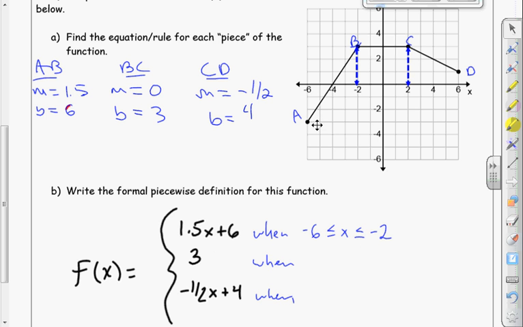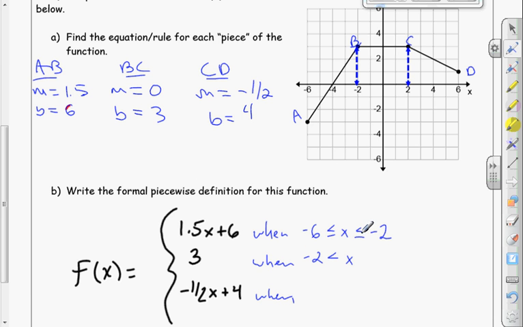And since this is a continuous function, in other words, since all points along this graph are included in the function, we have some leeway with how we want to work with this. We can include negative 2 in the first interval. We don't need to include it in our second interval. So when I write my inequality, I'm simply going to use x is greater than negative 2.